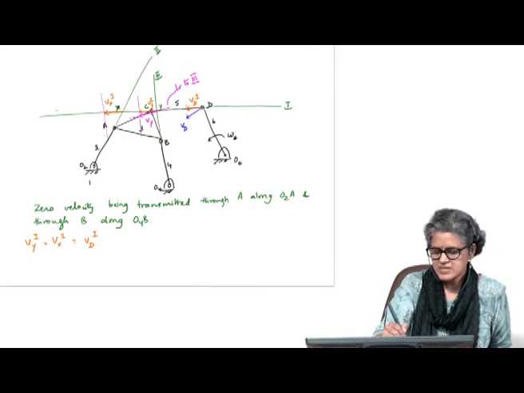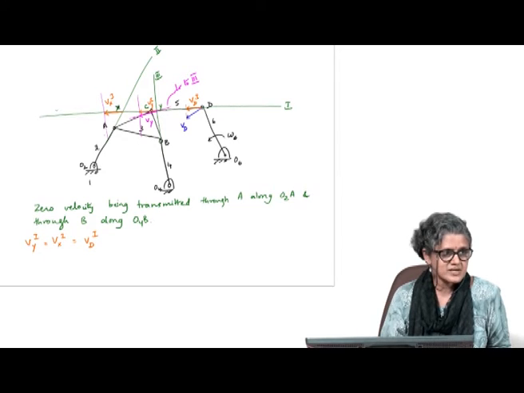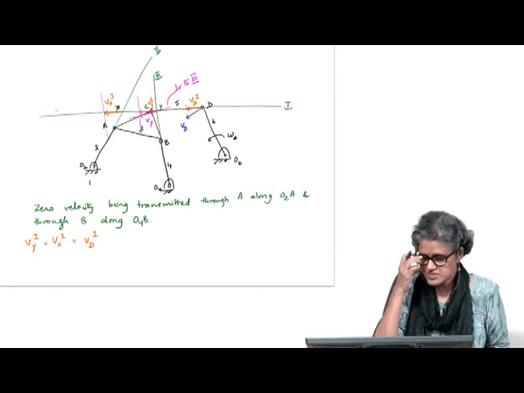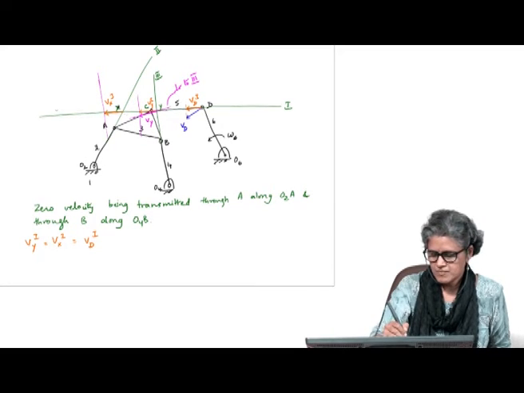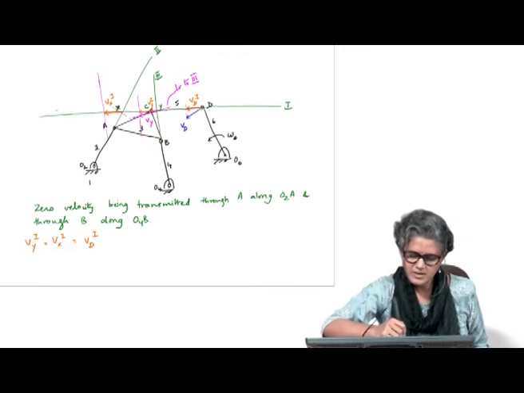Perpendicular to this, the tip of the velocity vector lies on that, and the other one is perpendicular to this, right?